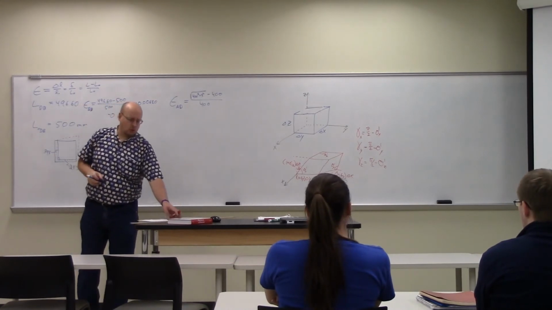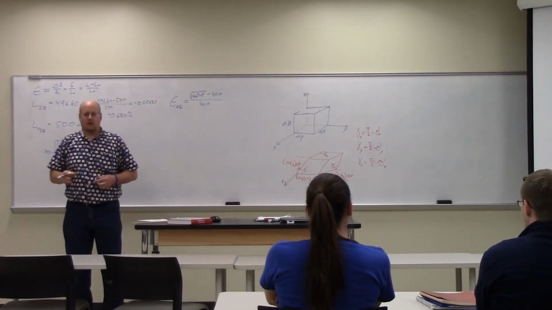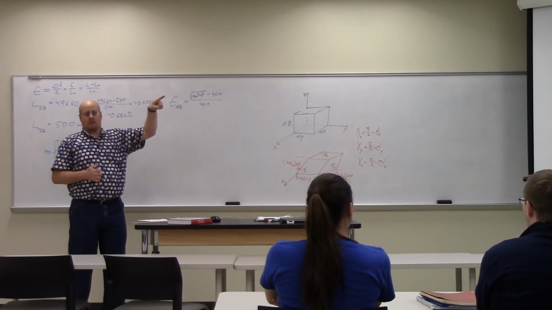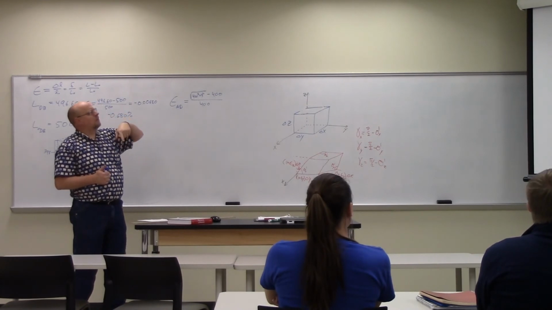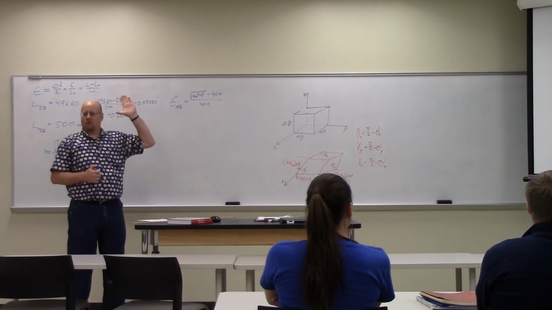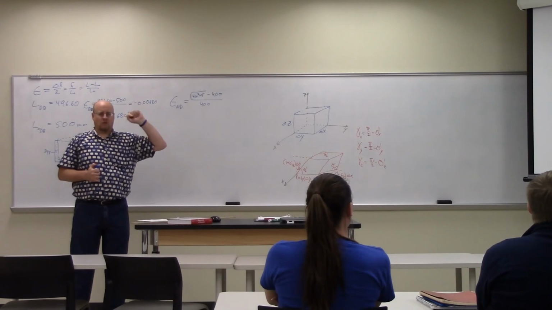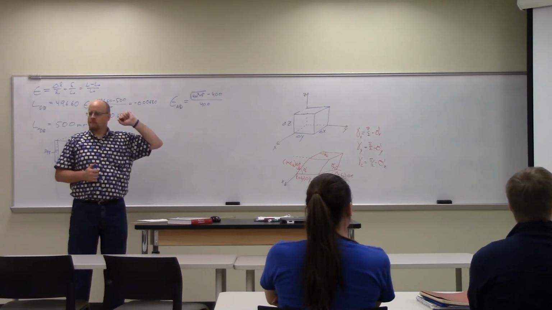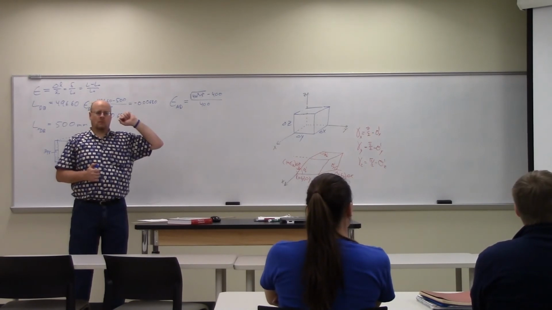I'm trying to find the normal strain in AD. Side AD is elongated, right? Because it's now the hypotenuse instead of the long leg of that little skinny triangle. Good? Okay.